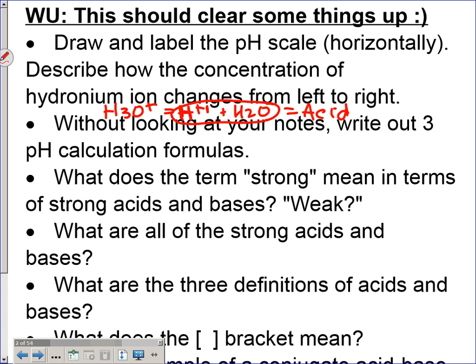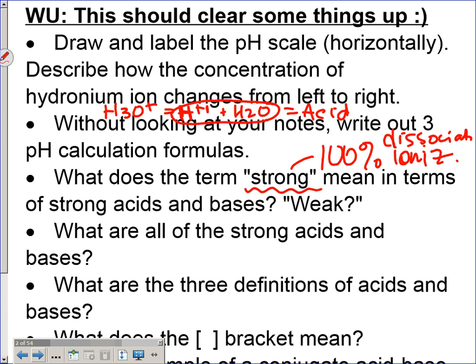Strong. That word strong meant something really specific. Look to your notes. Tell me what strong means. Right, so 100% ionization is one way to say that, or 100% dissociation is another way to say that.